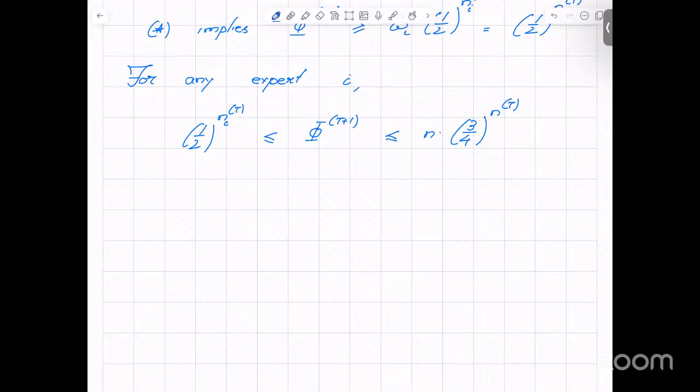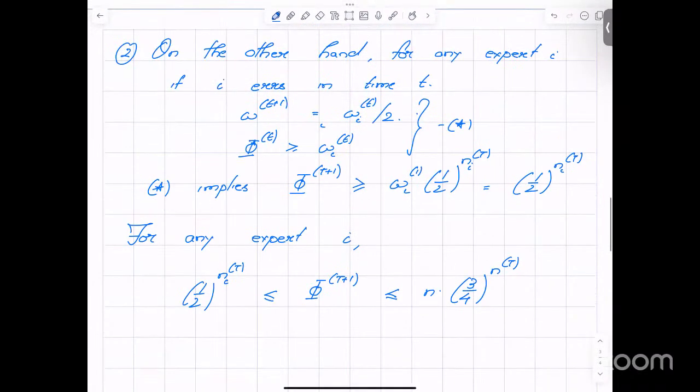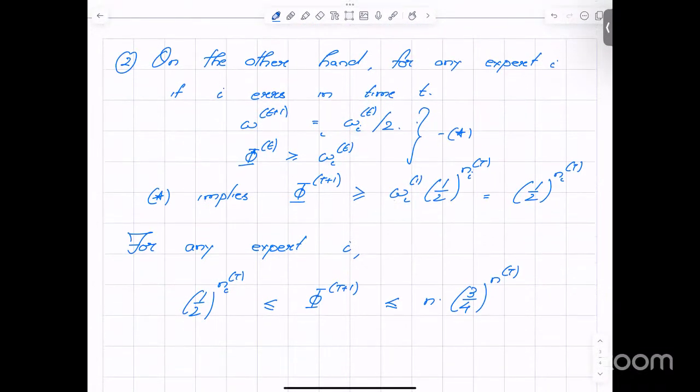You could have got a better lower bound by summing over all the experts. Yeah, okay. So what you're suggesting is the following. I can write phi of t plus 1 greater than the summation of wi, rather than just equal to wi of t plus 1.